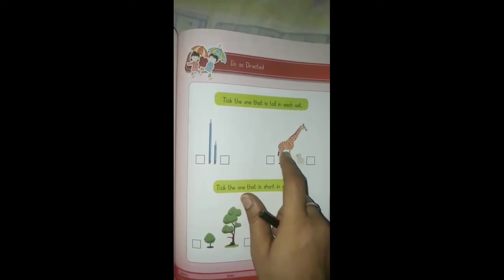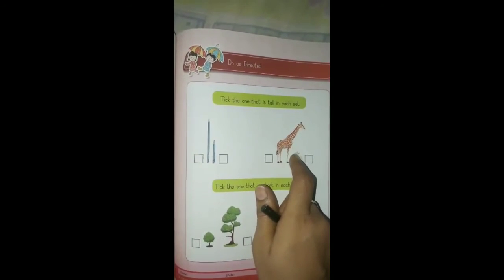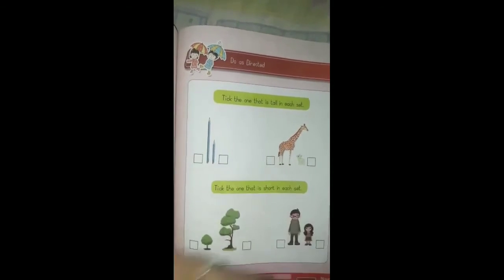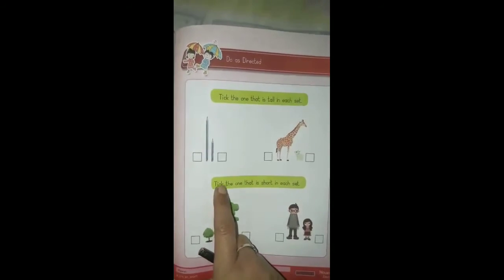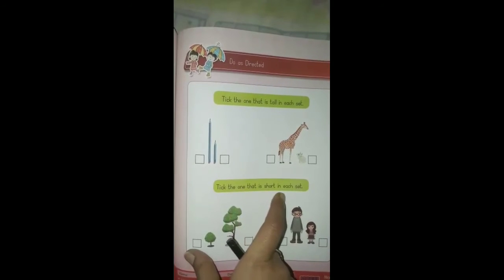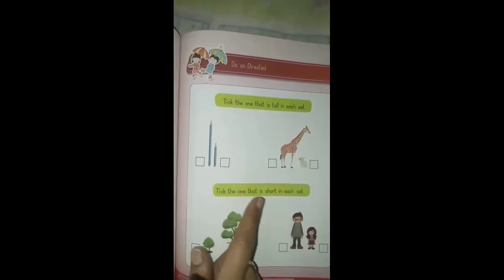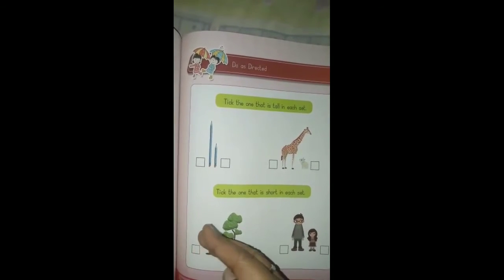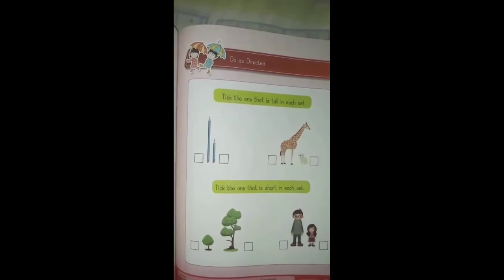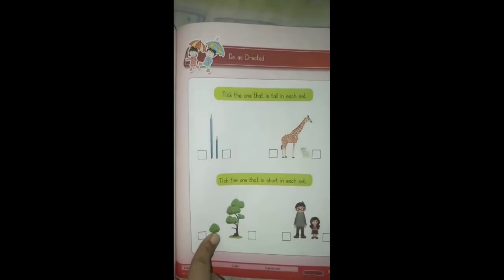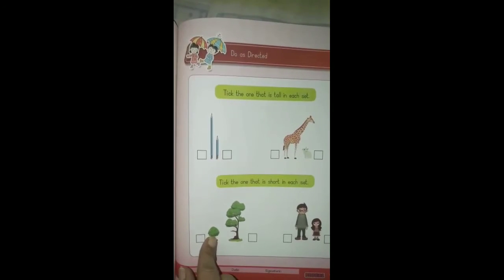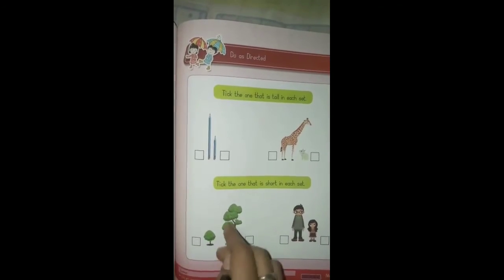And in this picture, which animal is tall here? Yes, giraffe. So you will tick here. Come on to the next line. Tick the one that is short in the set. आपको यहाँ पर दो set दिए हुए हैं. आपको इनमें से बताना है कि short कौन सा है, छोटा कौन सा है. Okay, so this is short and this is tall.